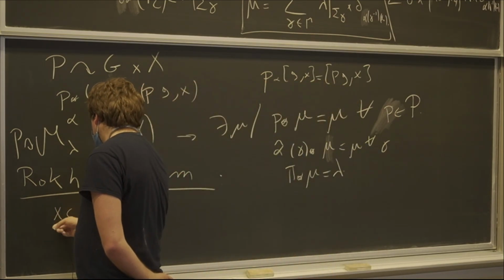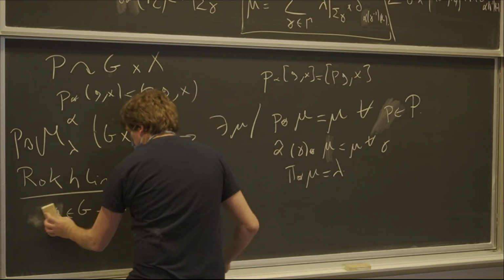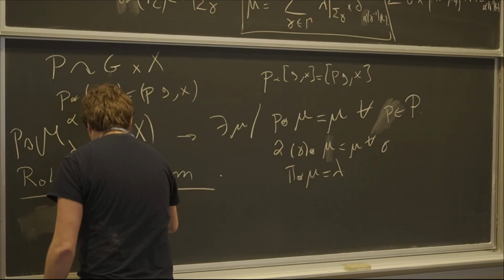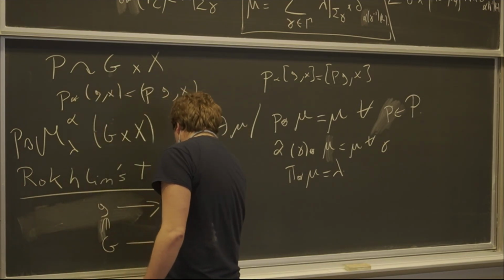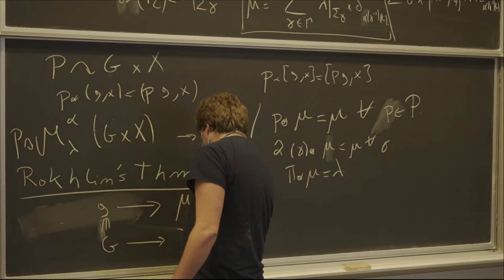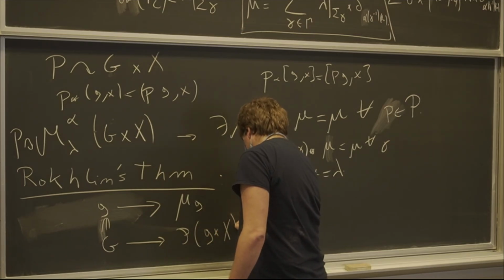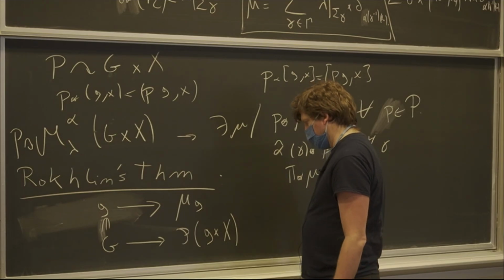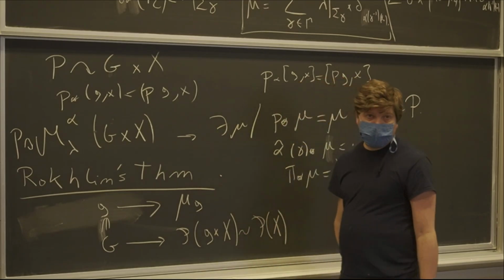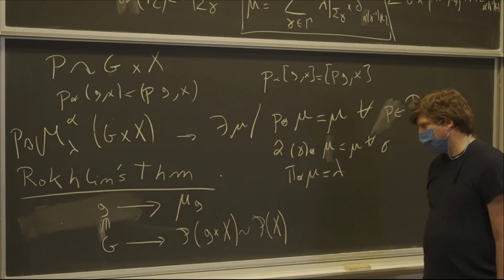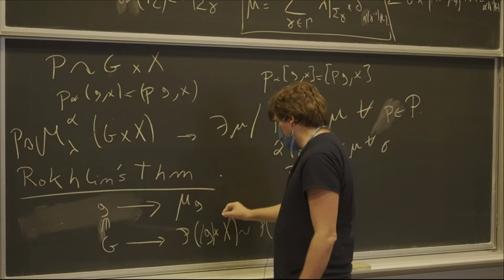So we have x, G in G mapped into mu sub G, and this is a probability on G times X, which we identify with probability on X. And modulo this identification, this is a measurable map.